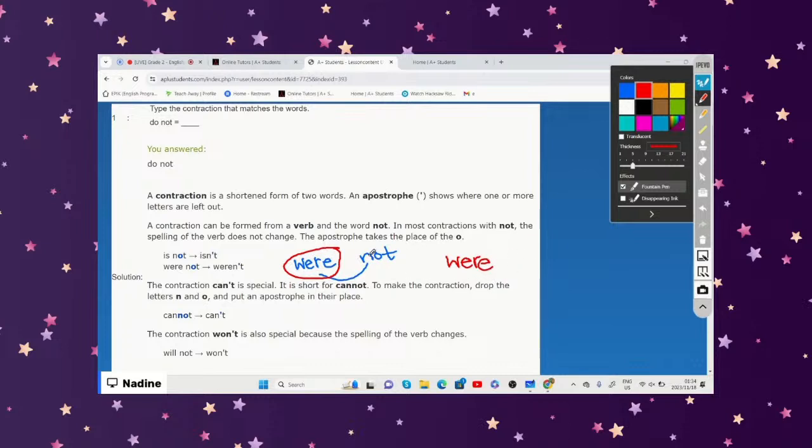We're going to add the N for not, we leave out the O, we put the apostrophe in the place of the O, and we bring out T for weren't. Were not, weren't. There we have our imaginary O somewhere where that apostrophe is. It's like putting the words were not together, but we just left out the O. And that is our contraction.